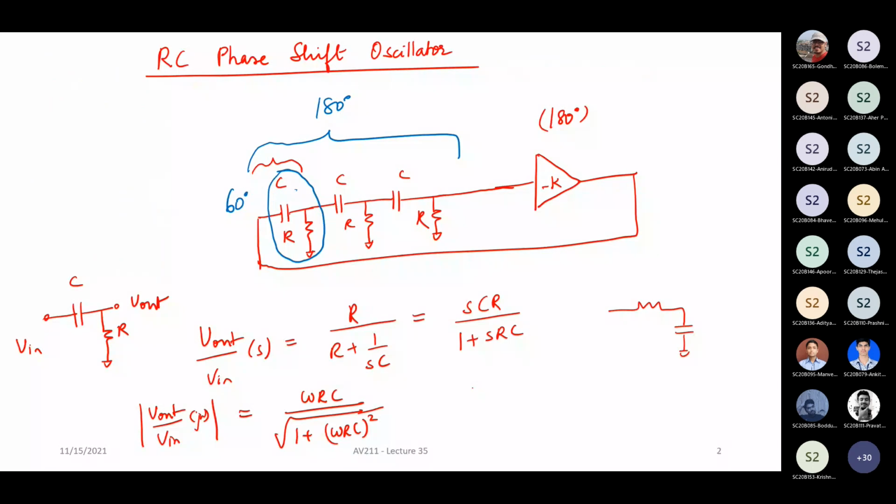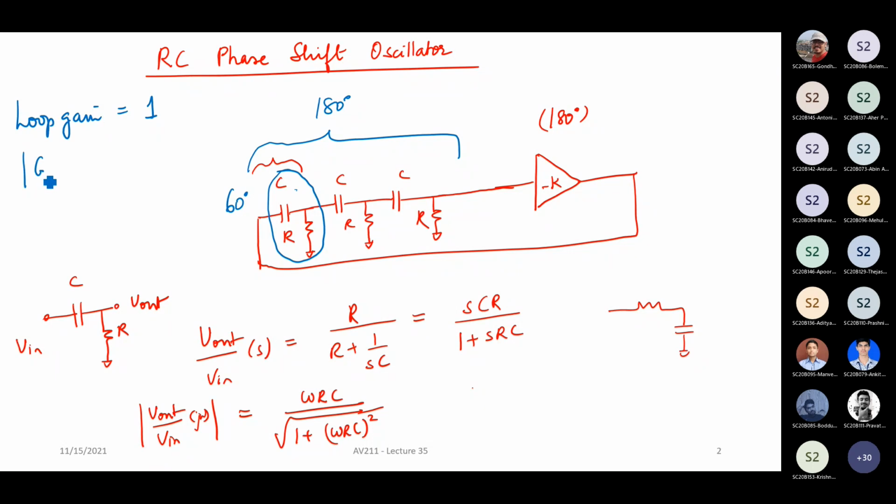Okay, so Barkhausen's condition tells us that in the feedback loop, the total phase around the loop should be 0 degree or multiples of 360, right? We looked at the Barkhausen's condition a couple of classes back, so that is the loop gain, right? The loop gain should be equal to 1.